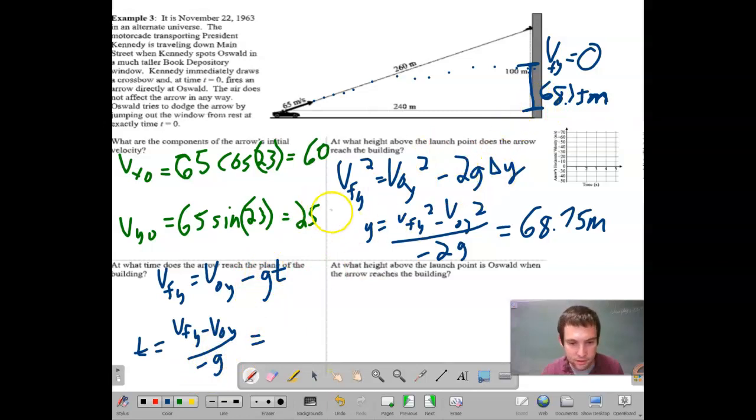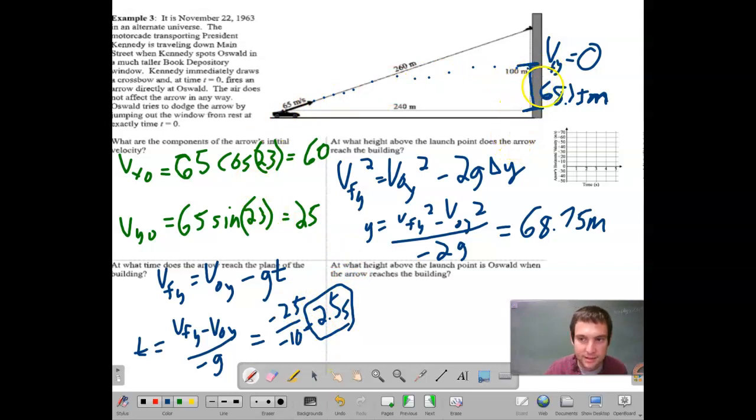So we have negative 25 divided by negative 10 gives us positive 2.5 seconds. So after 2.5 seconds, the arrow hits the building at 68.75 meters above the ground.